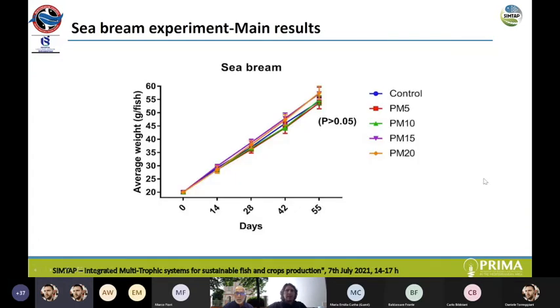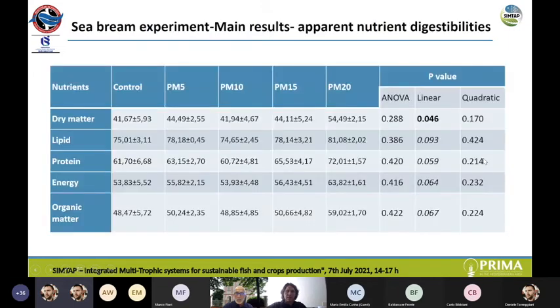In this graph, you see the growth trajectories of fish fed on different levels of polychaete meals. As it was in the CBAS, we didn't see any significant differences between the treatments in terms of fish growth. In this slide, you see the apparent digestibility of nutrients, and we saw a significant linear increase in dry matter digestibility with the polychaete inclusion level.